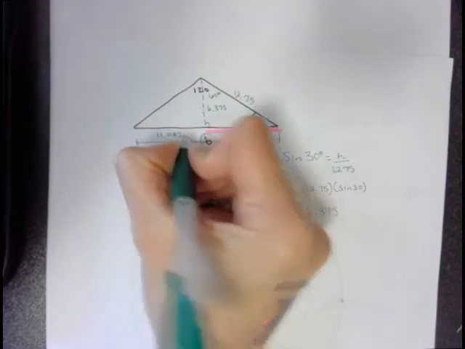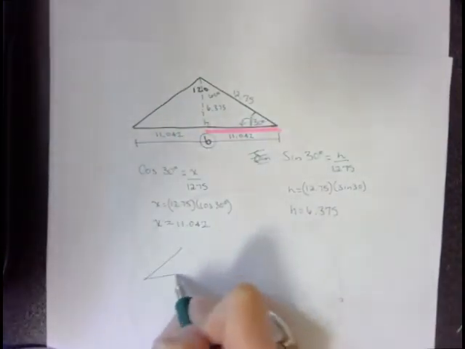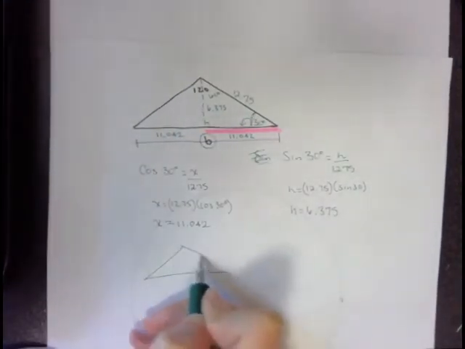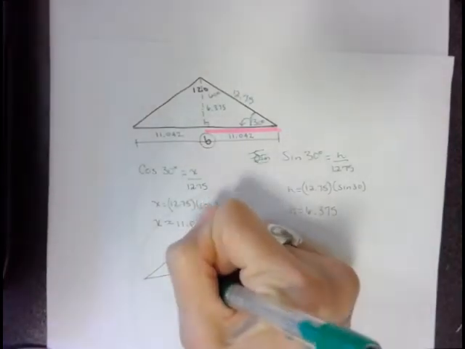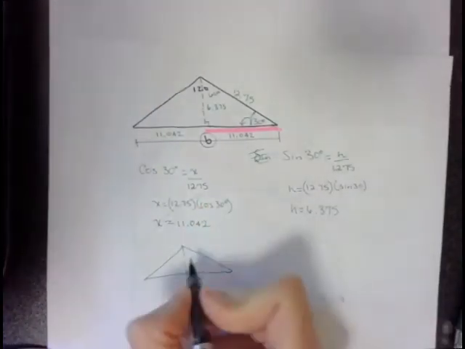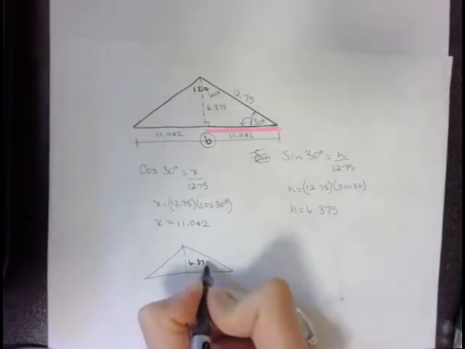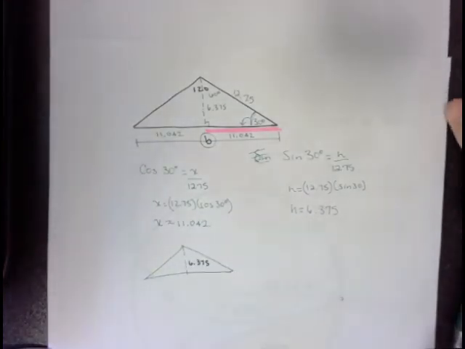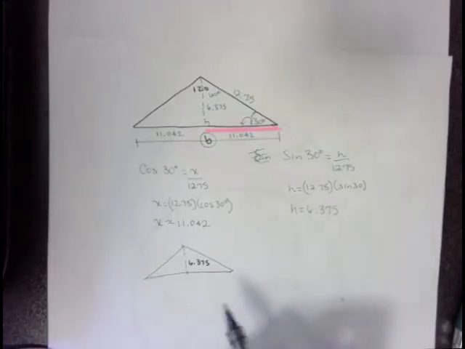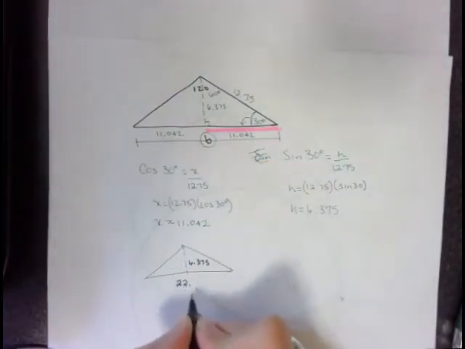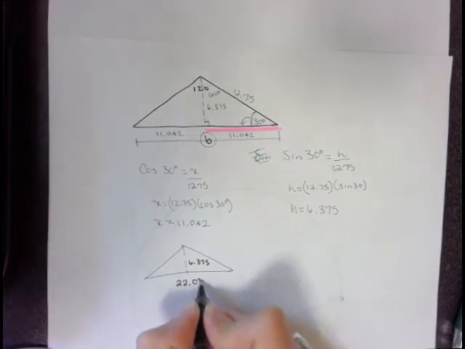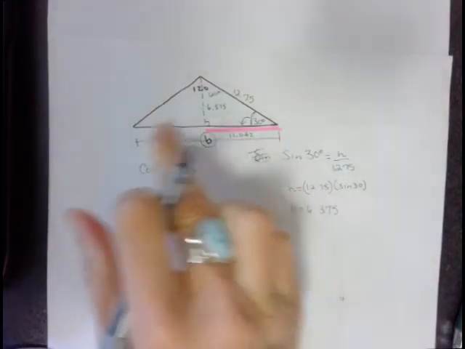So again, I'm just going to redraw this triangle. I know that the height of this triangle is 6.375. There's a lot of work here, right? And the base of this triangle is 22.084. All I did was add those two together. That's it.